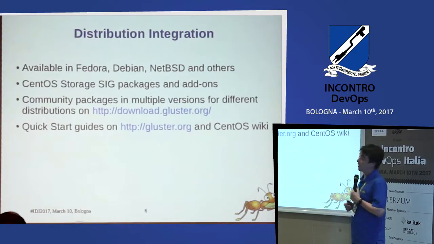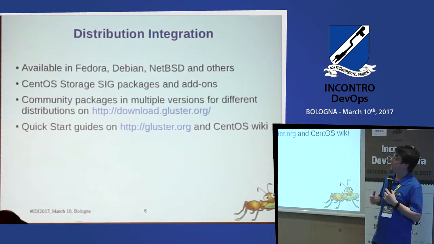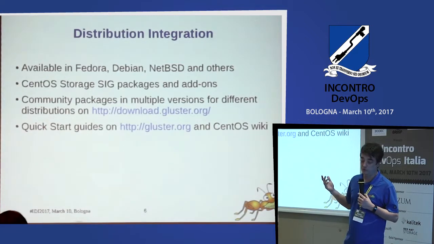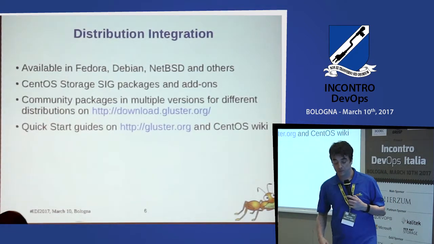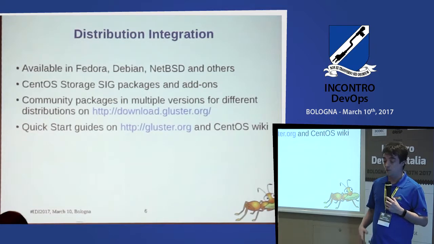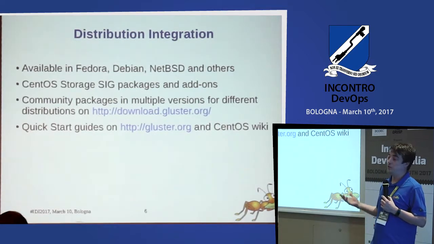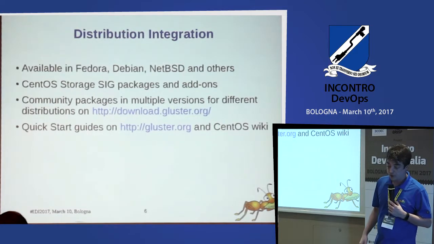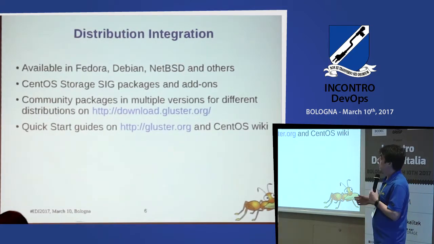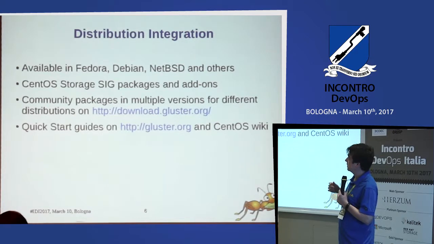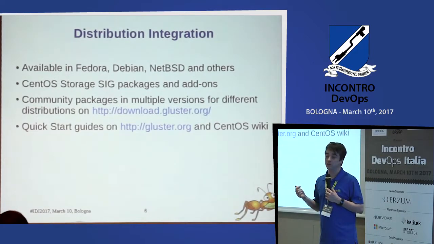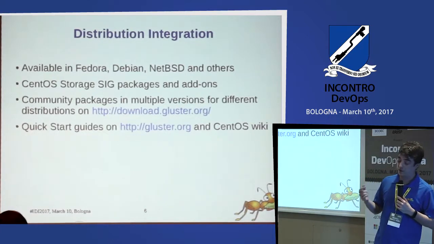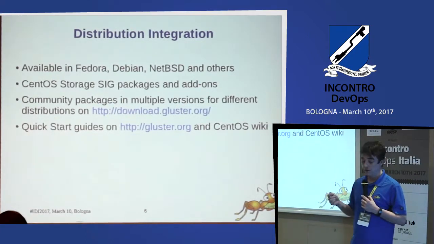With Fedora, we would like to have different versions. Same for Debian or Ubuntu. We have many Ubuntu users, so we provide the packages in an Ubuntu PPA, but they are also upstream in all the normal distributions. The CentOS Storage SIG provides the stable versions for Gluster, and just this week I announced the 3.10 release for Gluster in the Storage SIG.